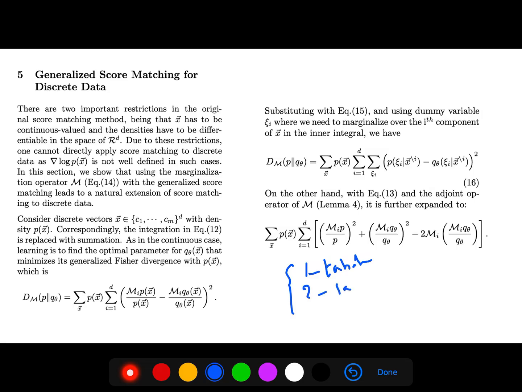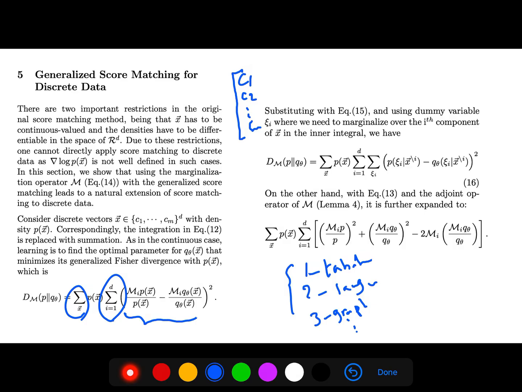You can apply it to language, to graphs, etc. Consider discrete vectors with values C1, C2, up to Cm, and density P of X. The integration in equation 12 is replaced with summation. This is the equivalent of that functional, where we had an integral; now we have a summation.